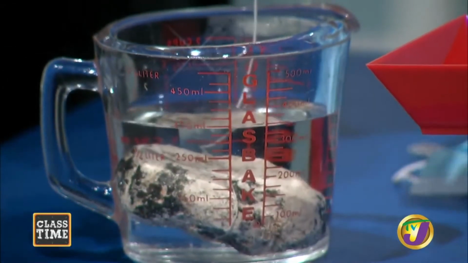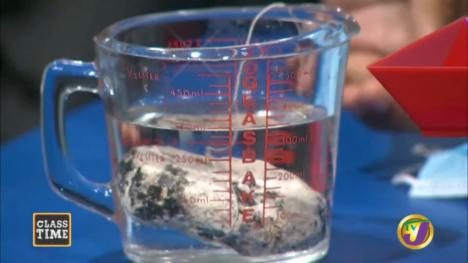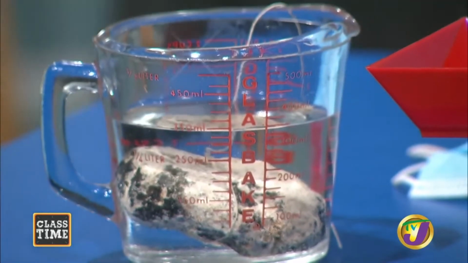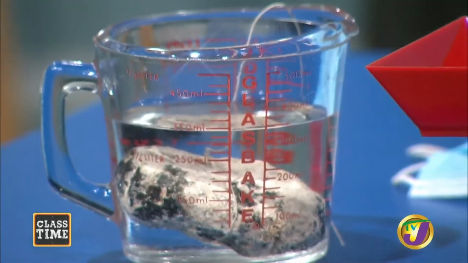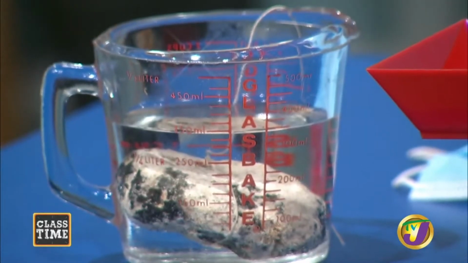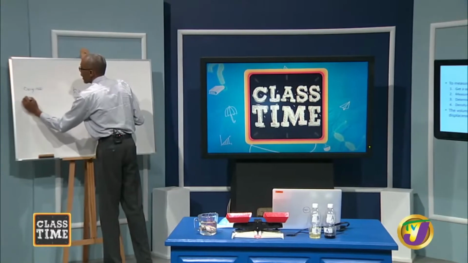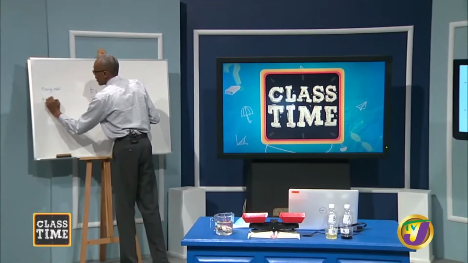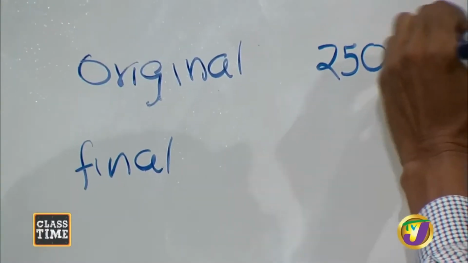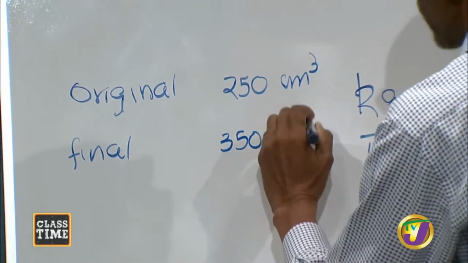Let's see where that goes to. It goes up to the 350 milliliter mark. All right? So we can look at our volume. The original volume was 250 cm cubed, and the final is 350 cm cubed.